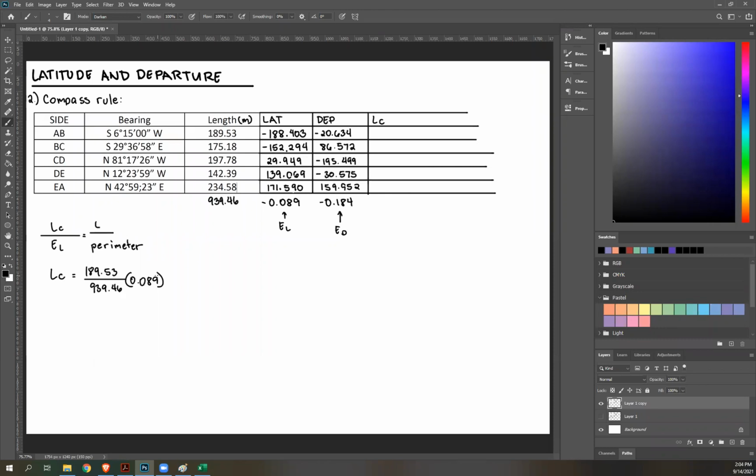Okay, so all I need are the magnitudes of correction. So I'm disregarding the sign here. So 189.53 times 0.089 divided by 939.46, you'll get 0.018. Okay, so I'm going to complete this table doing all of this. You can just compute with me in case I did the computation wrong.